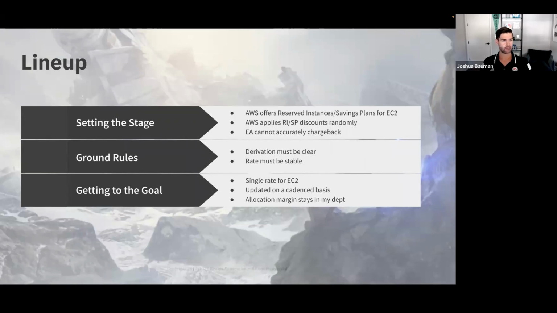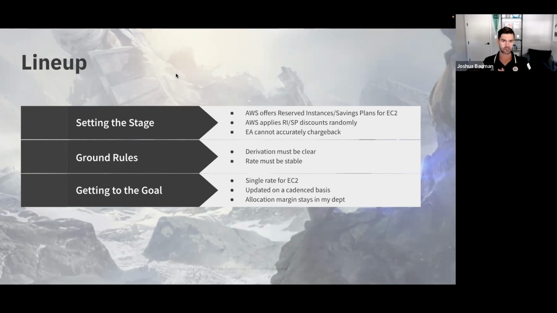And so a couple of years ago, when savings plans came out, we looked at it and said, how do we make this simpler? How do we make this easier? We went through a process of iteration, which you'll see on the next slide, and said, okay, how do we come up with a way for our end users to consume from a chargeback perspective that makes it easier for them, yet gives us the ability to manage our RIs and savings plans centrally?